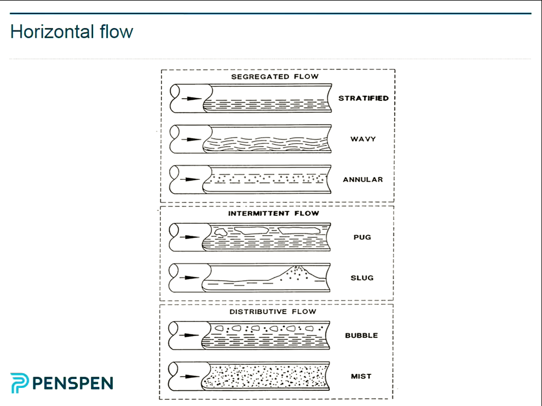So the gas whizzes across the top, and you get waves forming. You find these waves reach the top, and then they become slugs. So you get slugs moving down the pipeline. Then you go further down the pipeline, and the gas continues to come out of solution, and you end up with mist. So it's possible you start with stratified, move to wavy, move to slug, and then move to mist in one pipeline. So the efficiency and pressure drop and implications along that pipeline are quite profound.